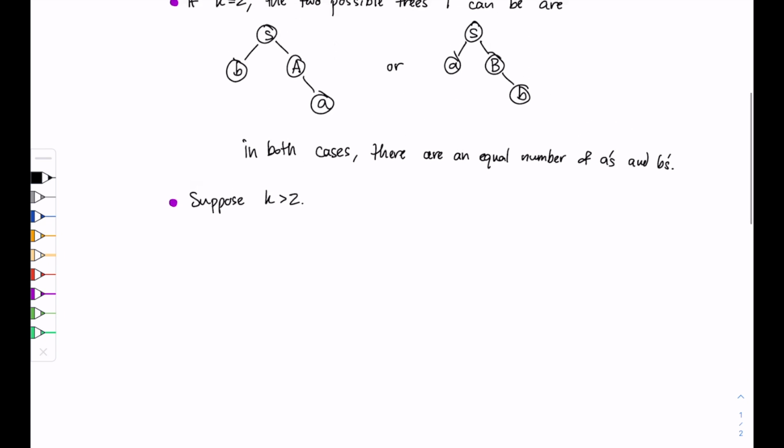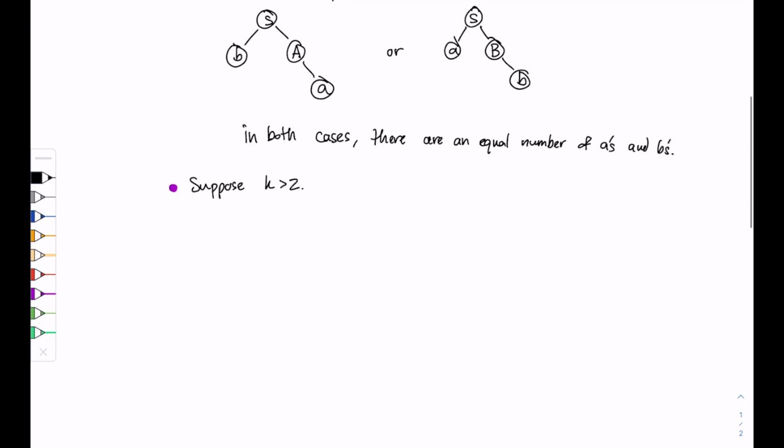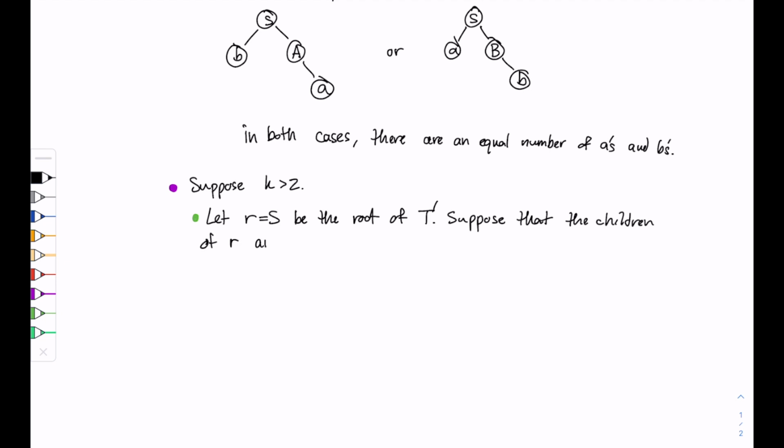Okay, so what can we get here? We have a few subcases to consider here. So let R, equal to S, be the root of T prime. Suppose that the children of R are S and S.